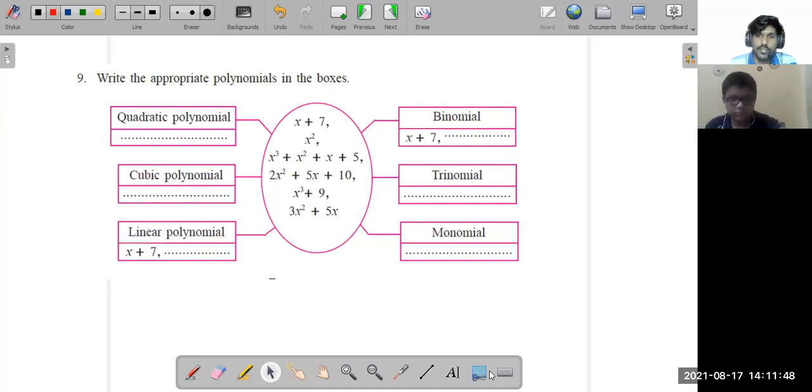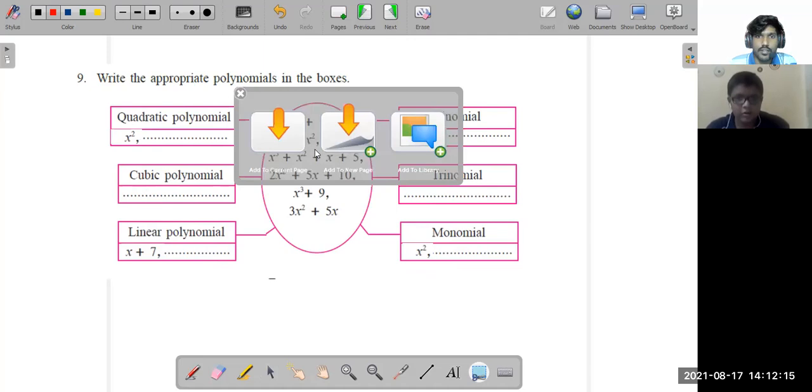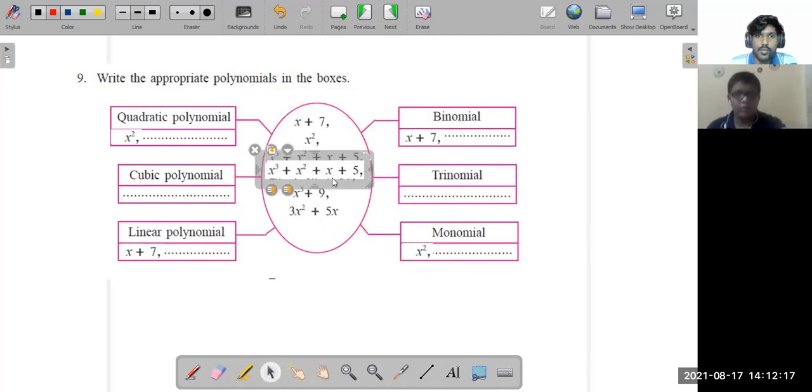Next, x square. How many terms can you see in this? 1 term, so it will be monomial, and the power is 2, so it will also be quadratic. Yes. Next, x cube plus x square plus x plus 5.